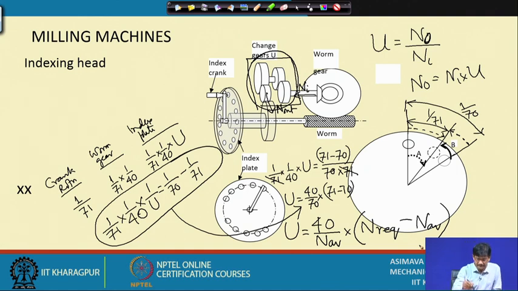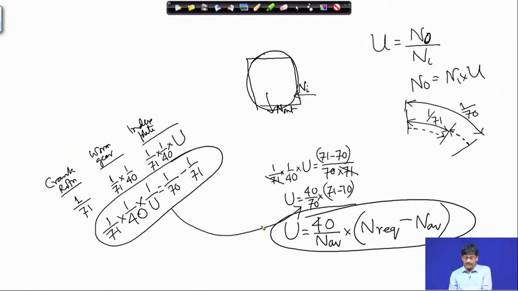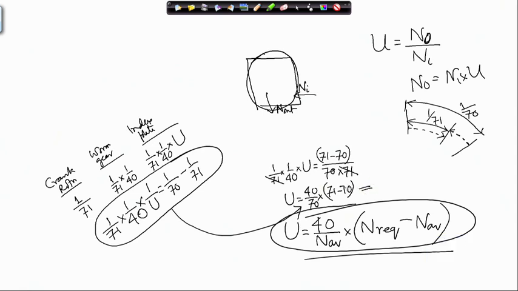That means, this is the relation: 40 by N available into N required minus N available. For certain cases this sign might change, but this is the general expression. And how much is it coming to be in this case, our particular case of discussion? 40 by 70 into 1. So, 40 by 70 equal to 4 by 7.